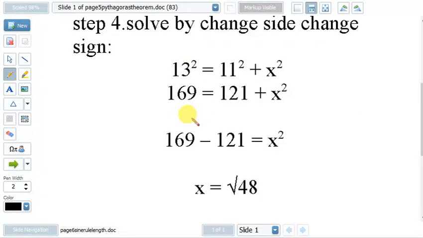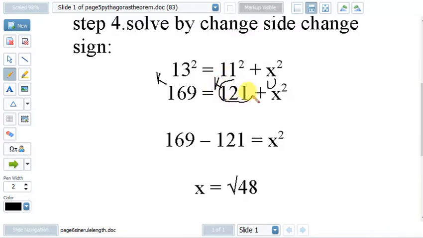So 13 squared equals 11 squared plus x squared. Then we do 13 squared, which is 169, 11 squared, which is 121, and then plus x squared. So we've got a known, which is the 169, a known, which is 121, and an unknown, which is the x squared.